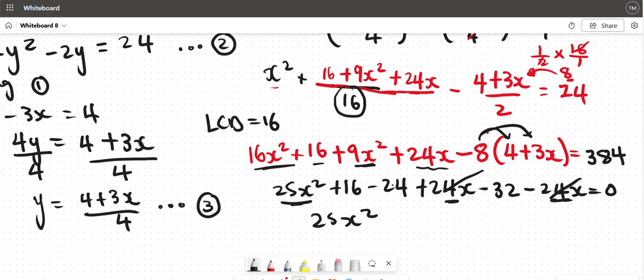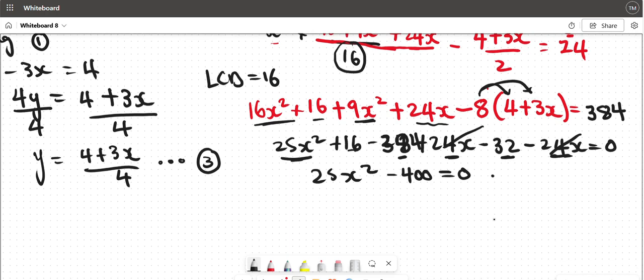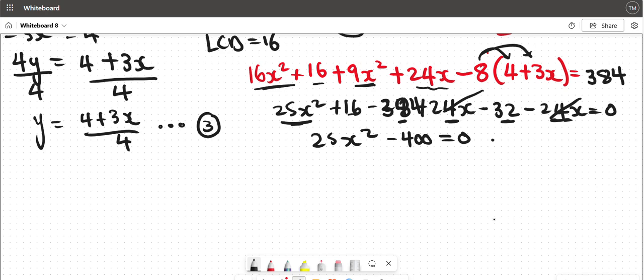So when you're bringing it over, in this case, this will be the 384. So we have 16 minus 384 minus 32, and that will give you a minus 400, right? Sorry, my bad there, slight mistake. I forgot to times the right hand side with the 16.